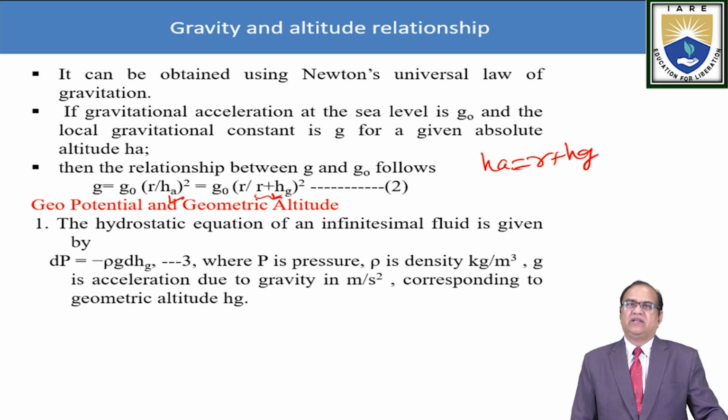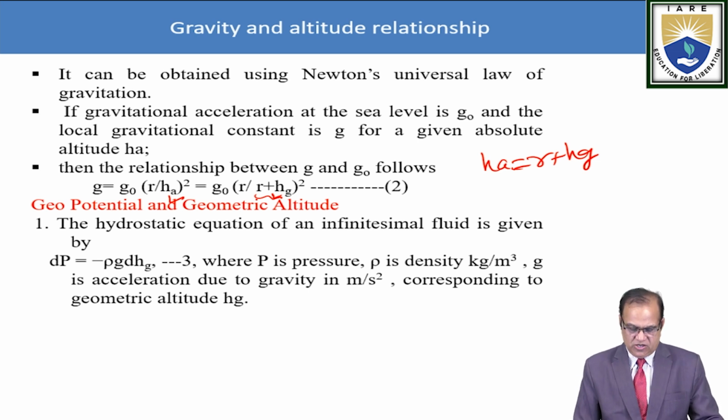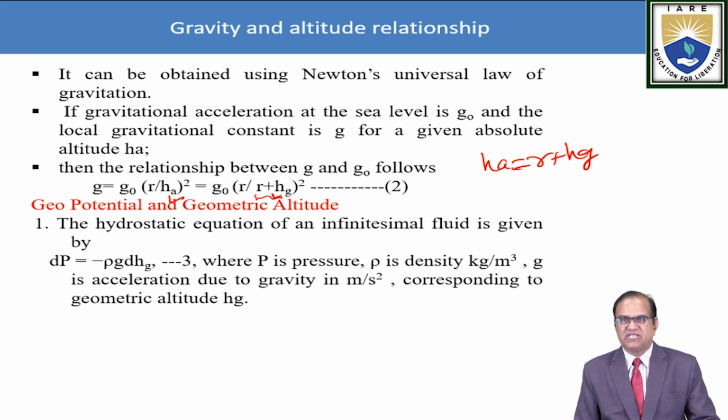The hydrostatic equation of an infinitesimal fluid element is given by dp is equal to minus rho g dhg, where p is the pressure, rho is the density in kg per meter cube, and g is the acceleration due to gravity in meter per second square, corresponding to the geometric altitude hg.